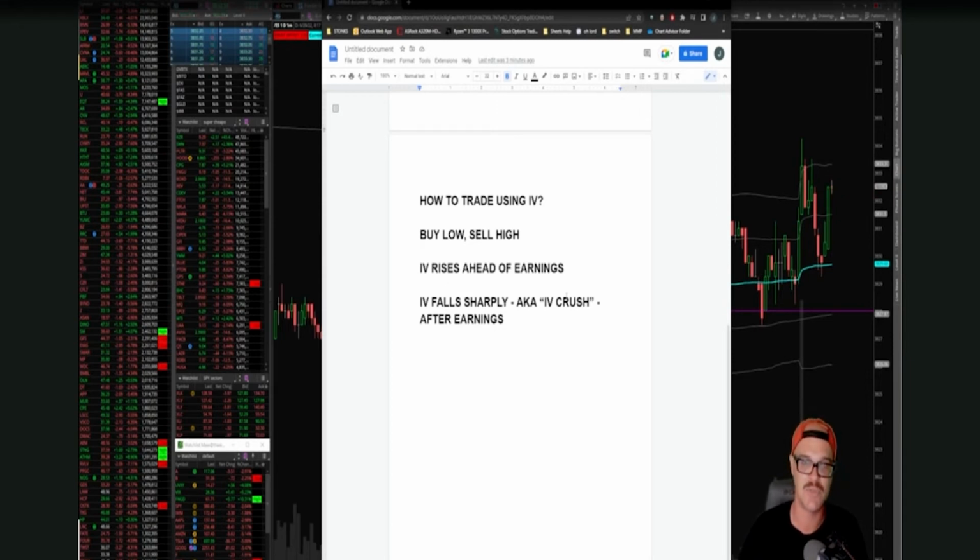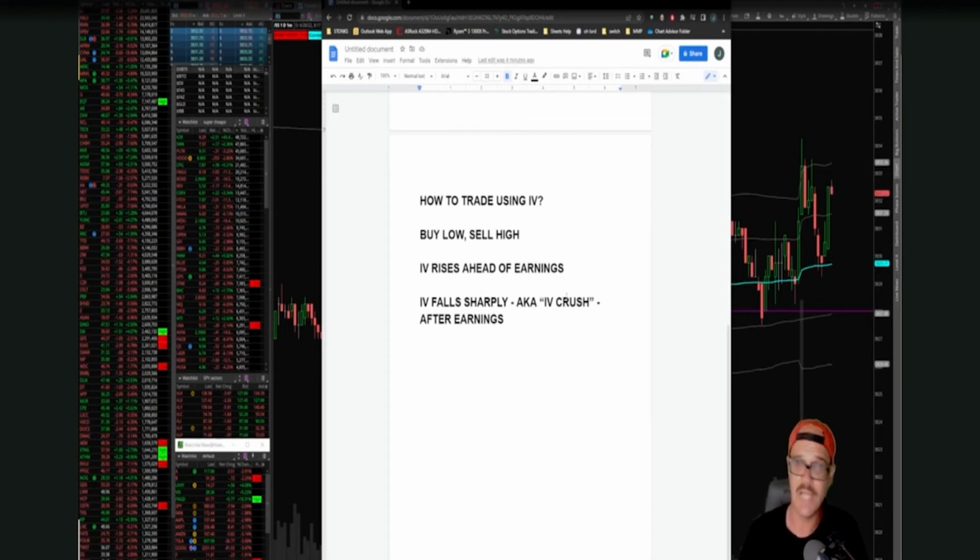It's possible to buy an option, doesn't matter if it's a call or put, ahead of earnings, and for the stock to trade relatively sideways or even slightly downward, and in that time frame, the option value that you purchased could increase based solely off an increase of implied volatility.